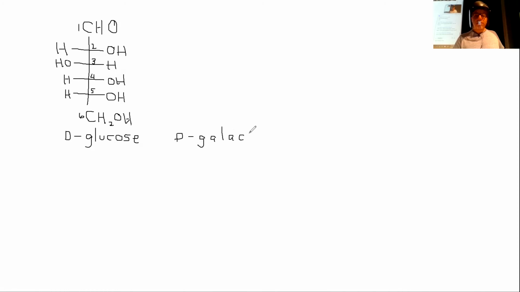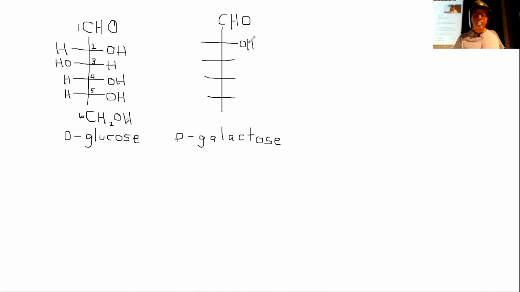Well, this is why I really don't care if you memorize D-galactose. Because in order for you to be able to draw it, all I need to tell you is it's just like D-glucose, except it differs in configuration at carbon 4. So we'll keep everything else the same. We'll just flip carbon 4, and we will have ourselves D-galactose.